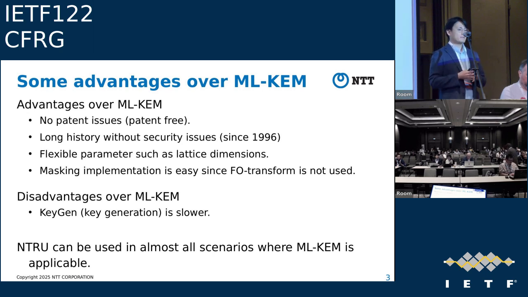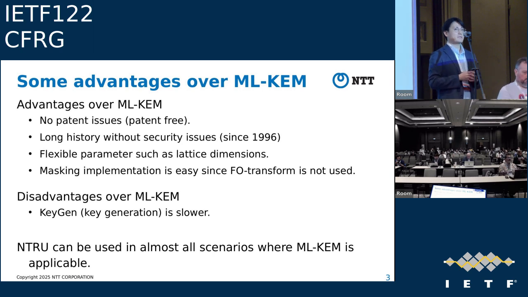And the second, N2 had a long history without security issues. It's been almost 30 years since the proposition, unlike MCAM, which has only 6 years after the proposition. And third, N2 has flexibility in parameter set, such as lattice dimensions.